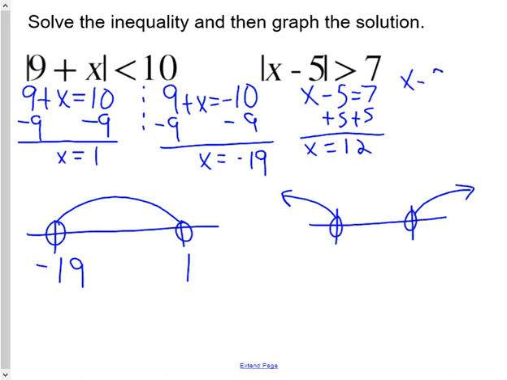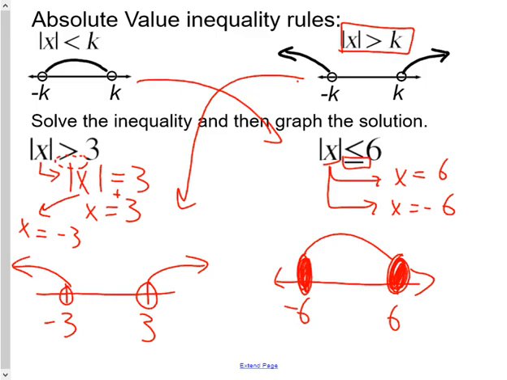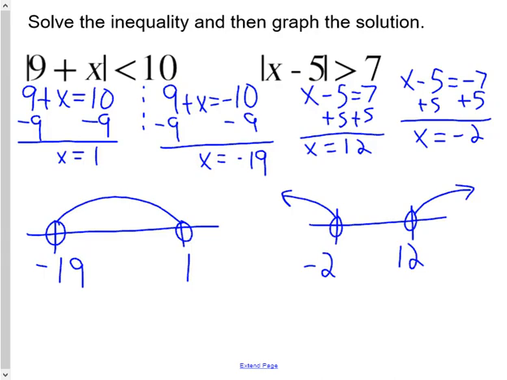X minus 5 equals -7, plus 5, plus 5, x equals -2. -2 is less than 12, so that'll be on the left, +12 is on the right, and that's our graph. So again, the big key of these graphing is to remember these 2 pieces back on that second slide. After that, it is simply solve for the equation values.